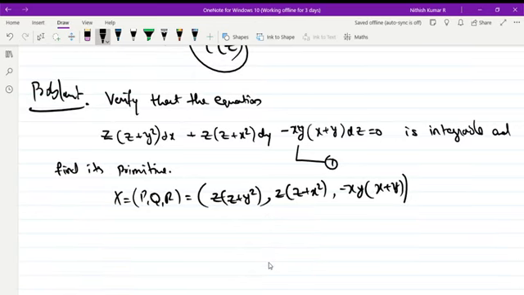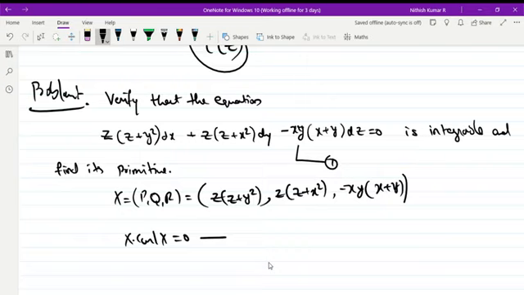So verifying x dot curl x equal to 0 is left as an exercise. So assume that it is now proved, and hence equation 1 is integrable. Now, in the discussion of method 5, we treat one variable as constant.